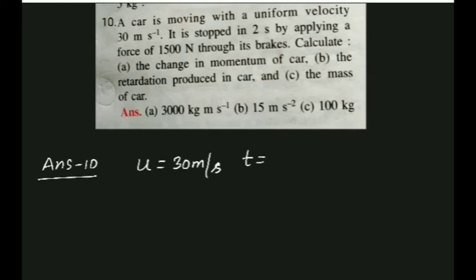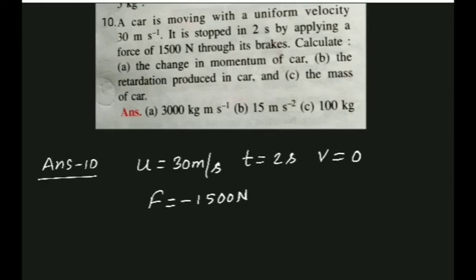So t equal to 2 seconds. Since it is stopped, so it means final velocity will be 0. By applying a force. Now here the value of force is given, but you have to put a negative sign before 1500. Why? Because the force is actually making the body stop.